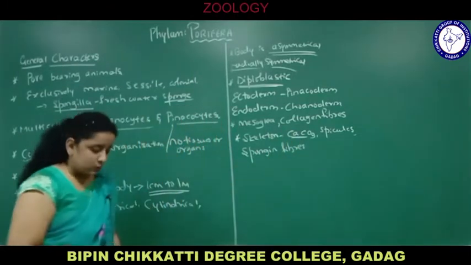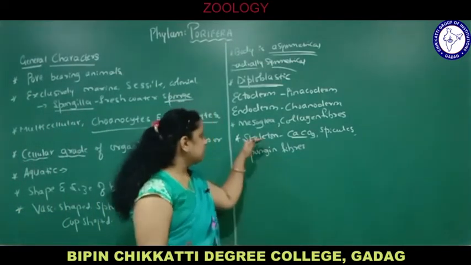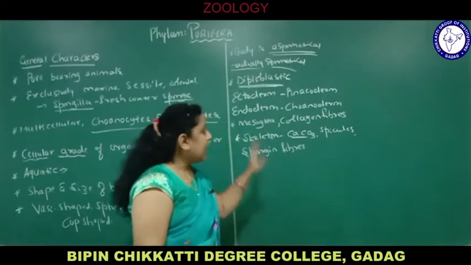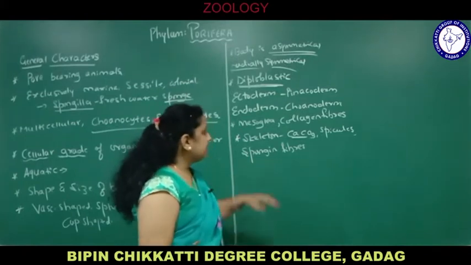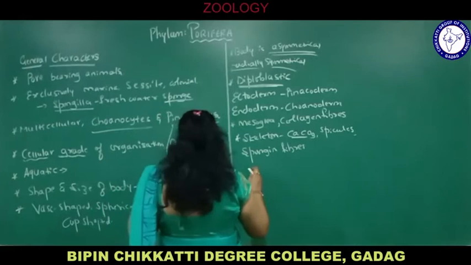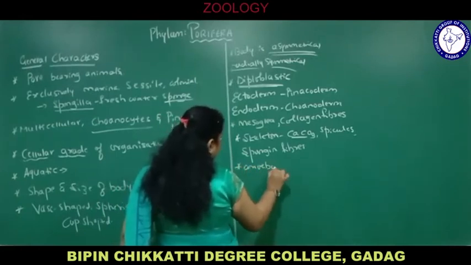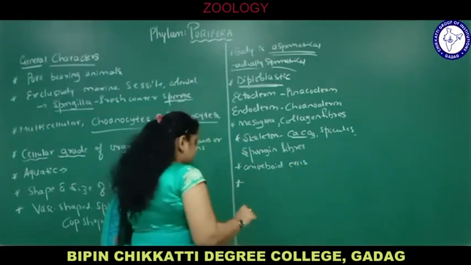Skeleton, like our endoskeleton, gives structural support and strength to the body. So these animals have a skeleton made up of calcium carbonate spicules, and sometimes spongin fibers. Now, they have some amoeboid cells also, for water transporting.